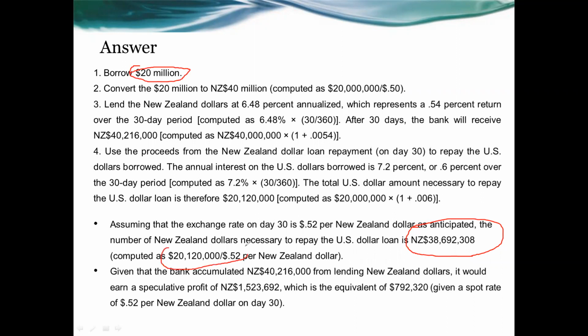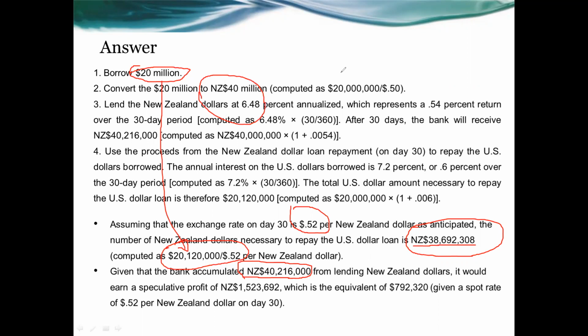This is the total amount in dollars they have to pay at 1 month. Now, as they anticipated that the New Zealand dollar would appreciate, they have to pay a smaller amount of New Zealand dollars. Then you can calculate the total profit that the bank will receive.